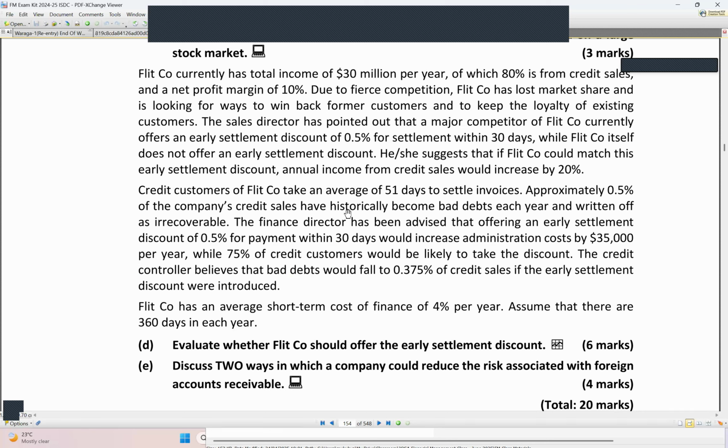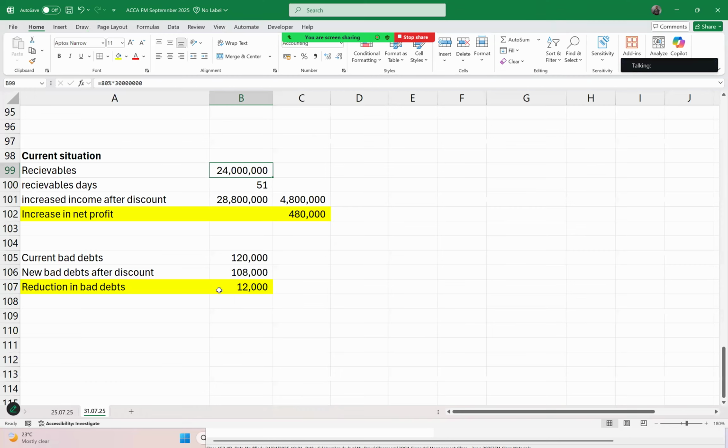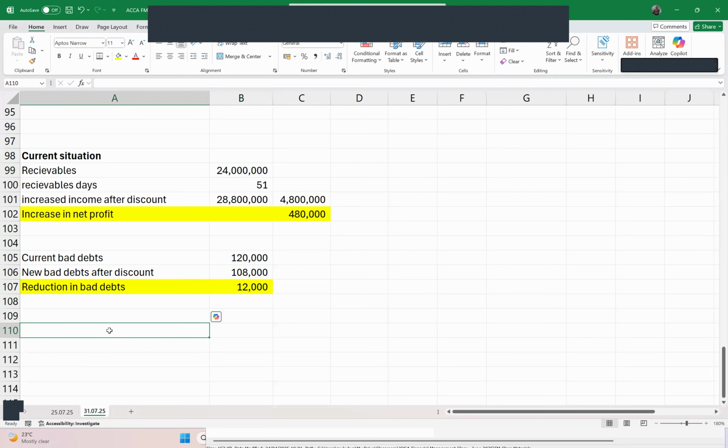But not all of them will take the discount, because the discount is given 0.5. Okay? So the receivables, we said this is the new increased income after discount, 28.8.